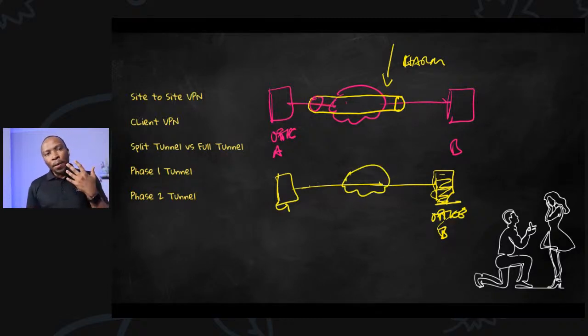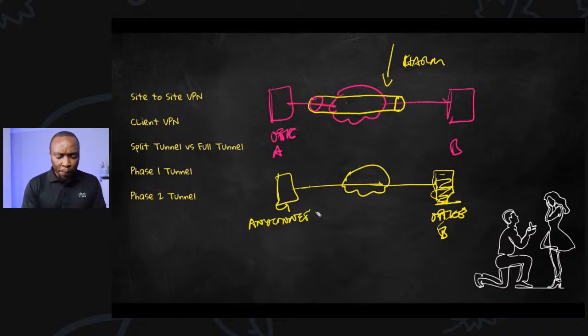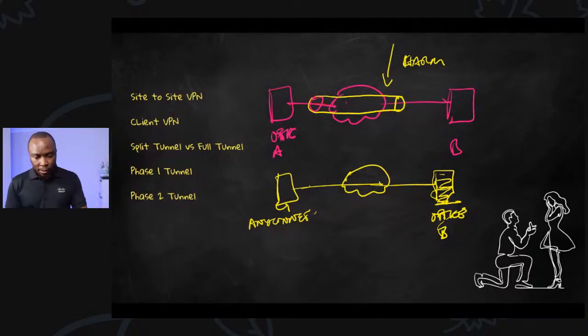Some of the tools that you use to connect are things like AnyConnect, which is the Cisco VPN remote access client that allows you to connect to the VPN controlled by Cisco devices. So you've got site-to-site, which is connecting different sites, and then you've got client VPN. And by their very nature, they operate in a different manner.